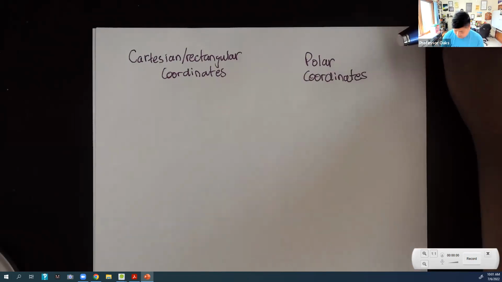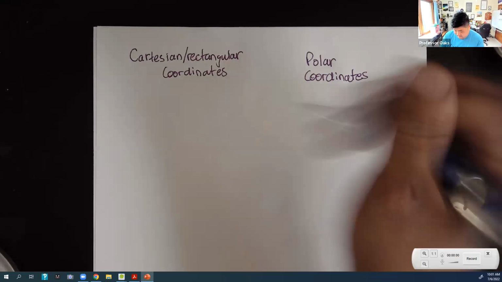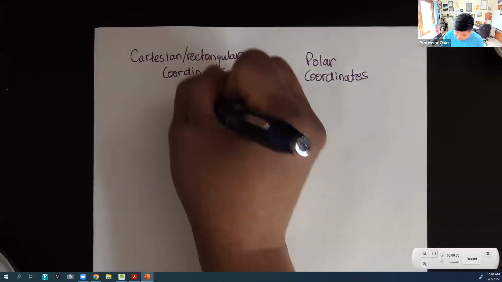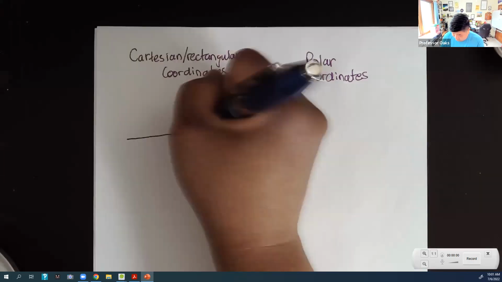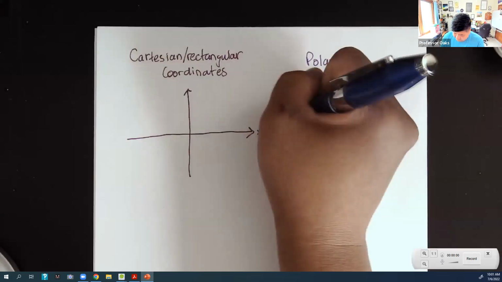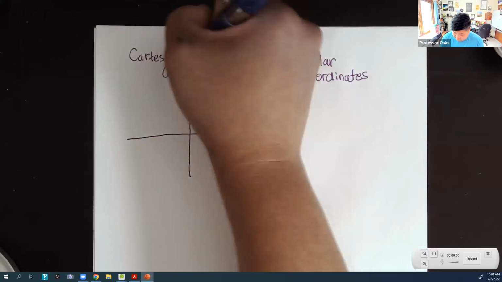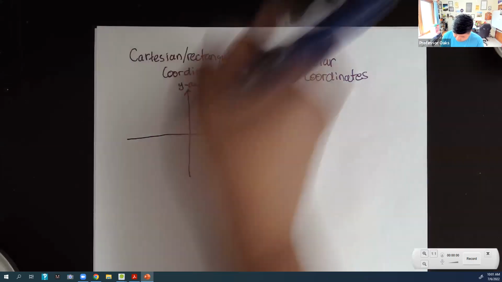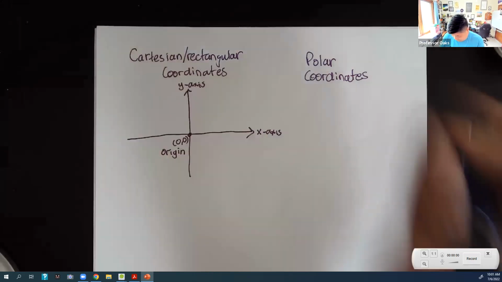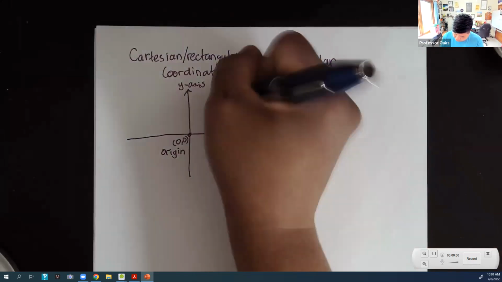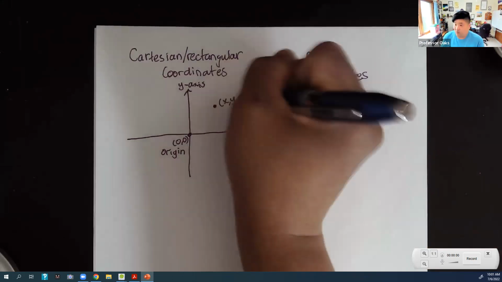All right, so in Cartesian coordinates, if you have a point right here, then this is the x-axis, this is the y-axis, this is the (0, 0), which we call the origin, and then this would be a point (x, y).